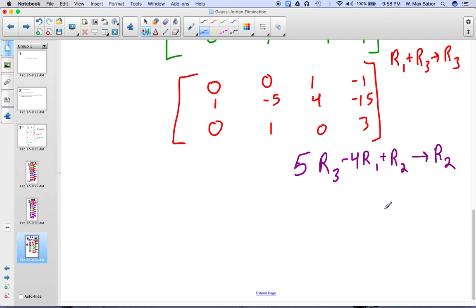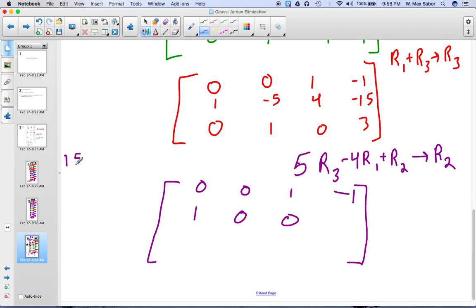This is allowed. It's not technically what you're supposed to do, but as long as this can be done by adding negative 4 times R1 to it and then adding 5 times R3 to it, so it still gives us the same result. 0, 0, 1, negative 1, 1, 0, 0, and then we have to do this out for this last one. 5 times R3, so 15, minus... So that's, let me write that down. 15.